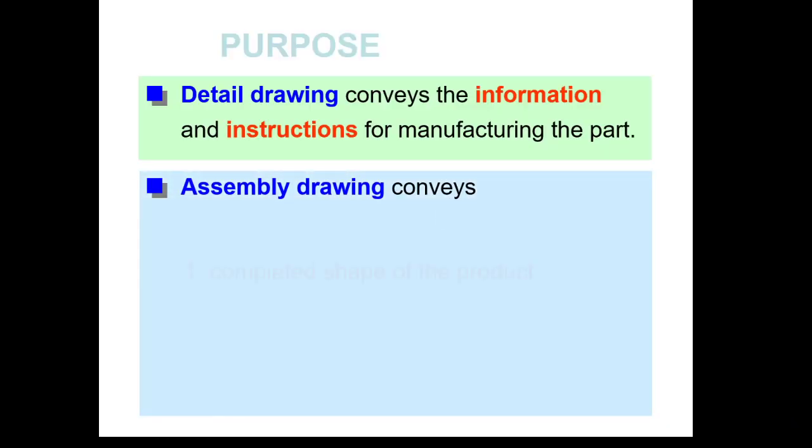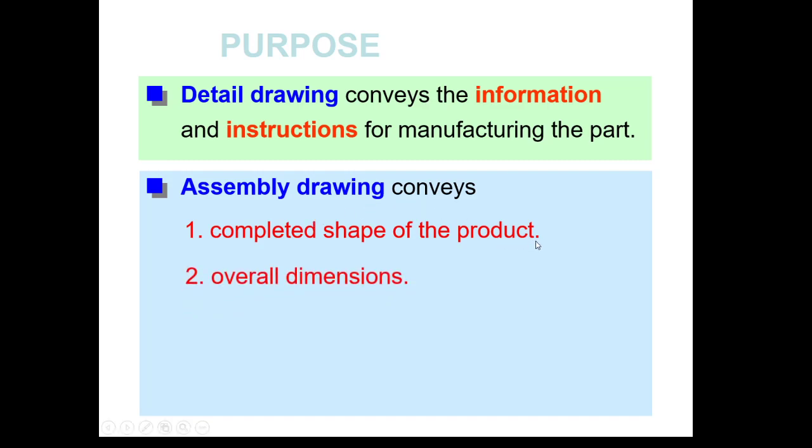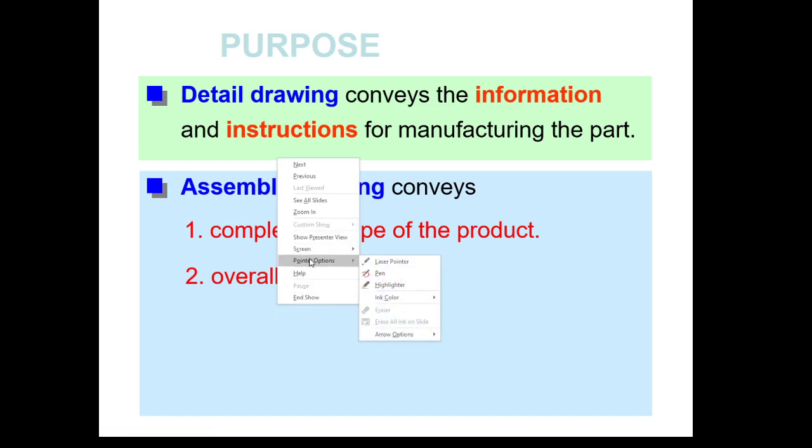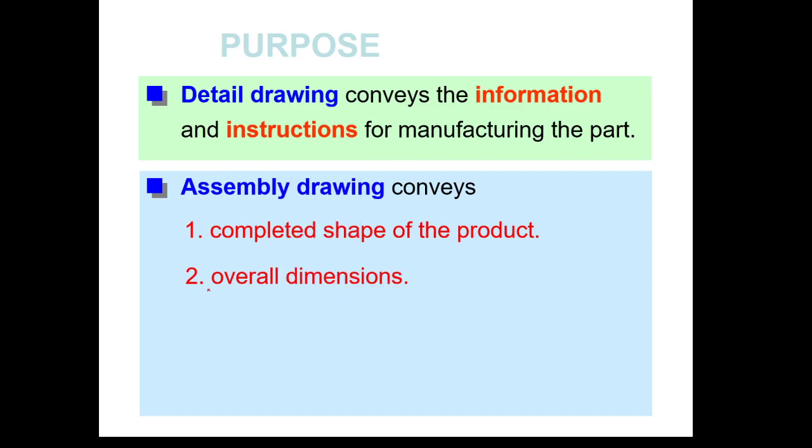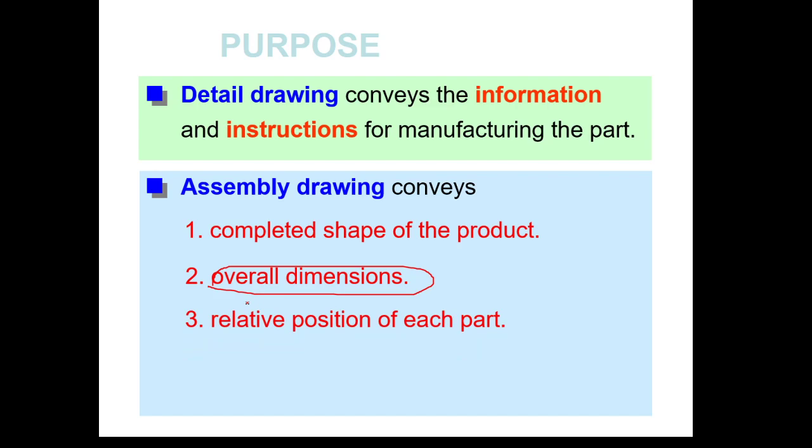Assembly drawing conveys the completed shape of the product, overall dimensions. This is important. If the drawing is an assembly drawing, show not the dimensions of all the features, but the overall dimensions. What else? Location dimensions. For instance, in the assembly, where is the electrical motor? Where is the chassis?